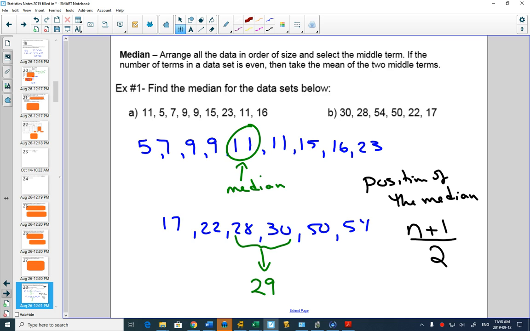So if you have 9 things, add 1, you get 10, divide by 2. Your position would be the 5th one. If you had 13, add 1, 14, position will be the 7th one. It even works when you have an even number. I have 6 items. If I add 1, I get 7. 7 divided by 2 is 3.5. It's like, oh, I have to take the average of my 3rd and my 4th one to be the median, to be 3.5.